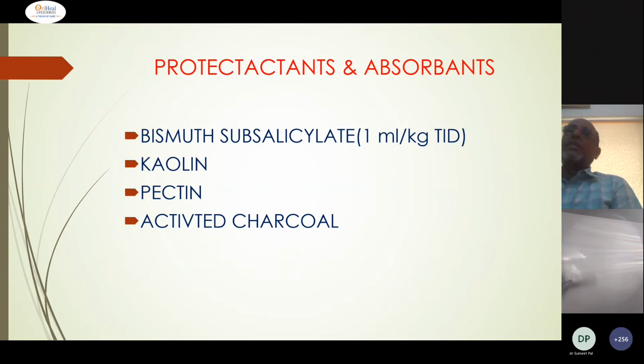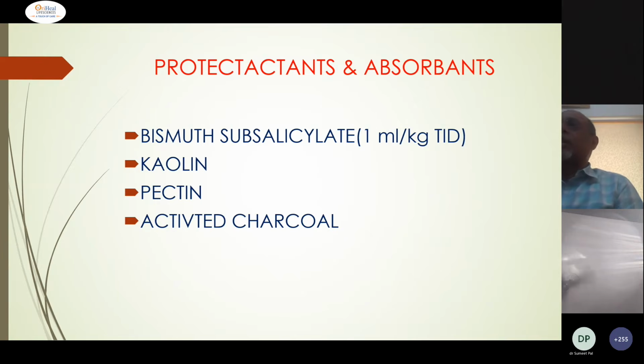Protectants and absorbents. So bismuth subsalicylate is an excellent drug. It comes under the trade name Bismol. Generally, Bismol is available abroad for all stomach aches. Whenever you go abroad to the US or UK, it's very common. Not so commonly used by Indians. I don't know why. So probably they can manage without it.